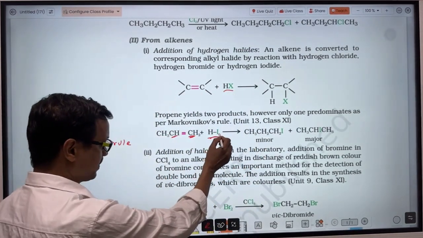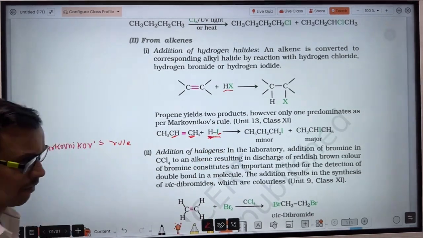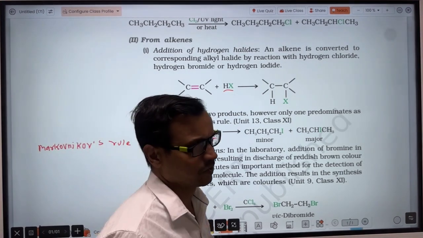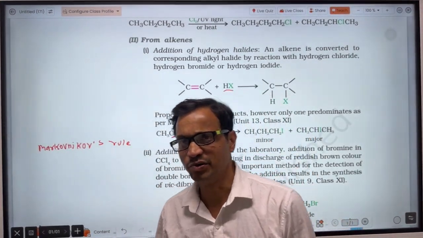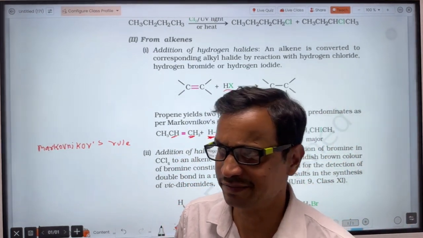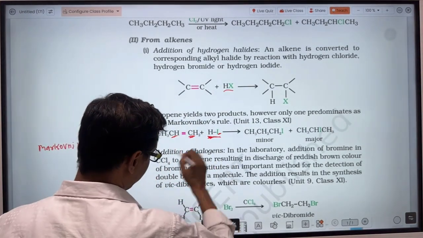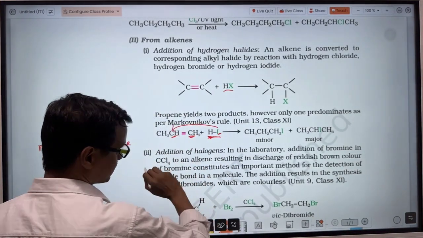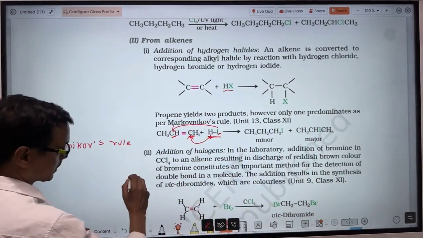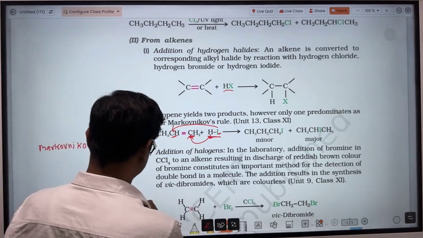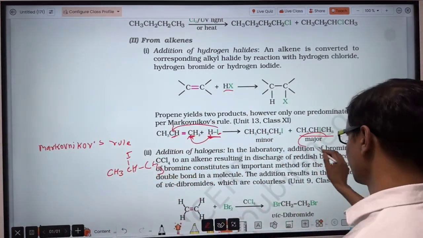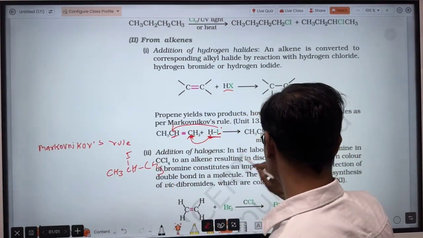Markovnikov's rule states that the negative part of a reagent will bond to that unsaturated carbon atom which contains less number of hydrogen atoms. So iodine will bond to this carbon and hydrogen to this carbon. So the product will become CH3, CH with iodine attached, and CH3. That is the major product, and when iodine attaches to the other carbon, that will be the minor product.